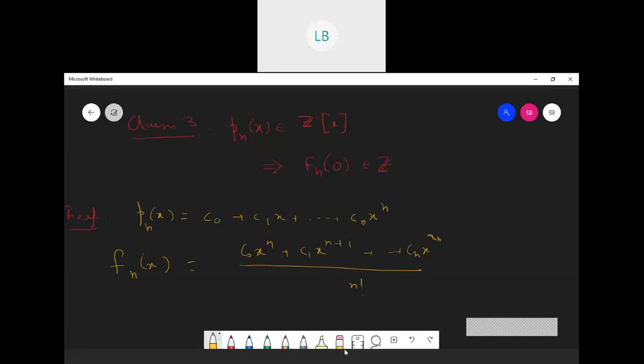So let me just mark this thing. What is the kth derivative of f_n at the point 0 if k is less than n? So can you say what this is? Just think about it. In f_n(x), the minimum power of x is n.